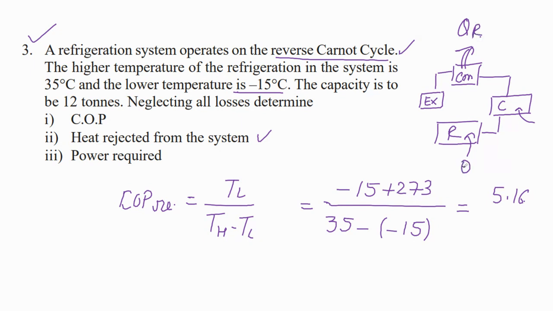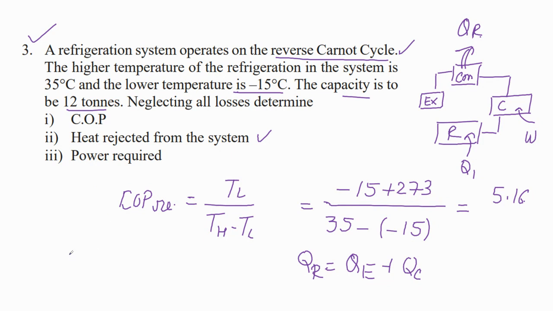Here heat is absorbed in the form of work. So total heat rejected is equal to heat absorbed in the evaporator plus heat absorbed in the compressor in the form of work.